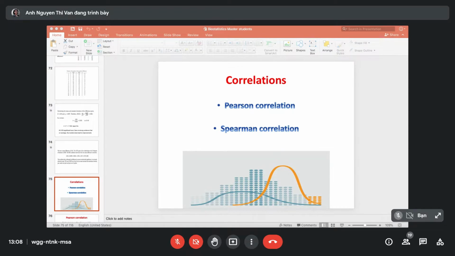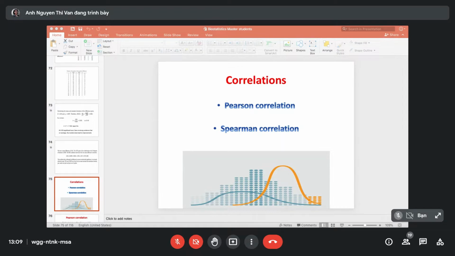Does this test have any assumptions? Do you know any assumption required for this test, or does it not need any assumption? I think its assumption is that it must be normal distribution.